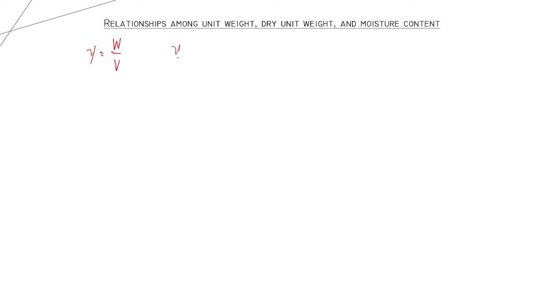And then we have the dry unit weight, which is equal to the weight of the soil solids all over the volume. So we can write total volume is equal to total volume, and then we have the weight all over the unit weight is equal to the weight of soil solids all over the dry unit weight.